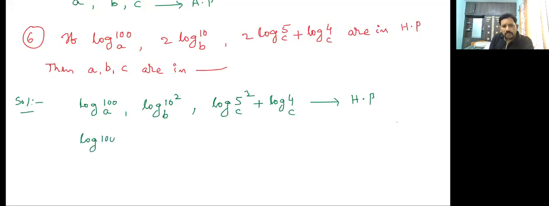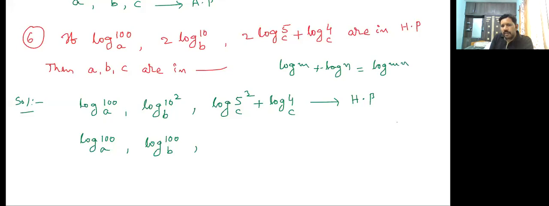Log 100 to the base A, comma, log 10 square means 100 to the base B, comma. This is in the form of log m plus log n. What is the log m plus log n formula? Log m plus log n, what is the formula, students?